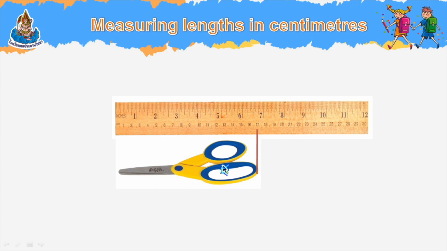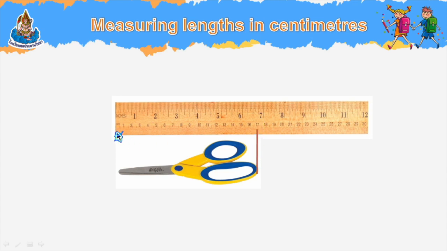So what are these? These are scissors. Why scissors? We only have one. Look at this. We have one scissor and another one scissor. So these are scissors, a pair of scissors. Now, let's try to measure these scissors. What's the measurement?